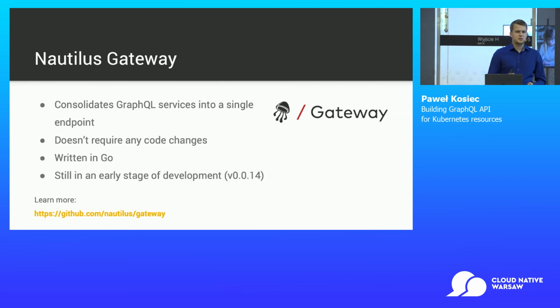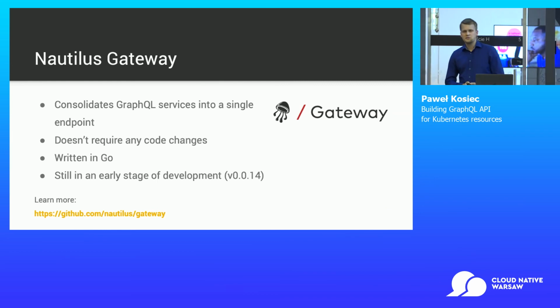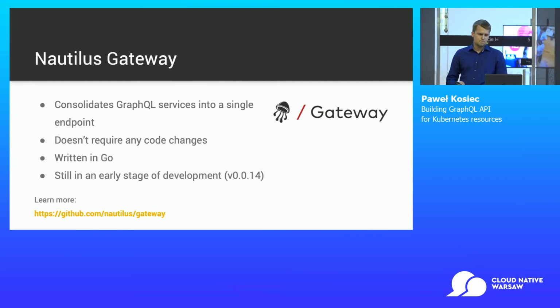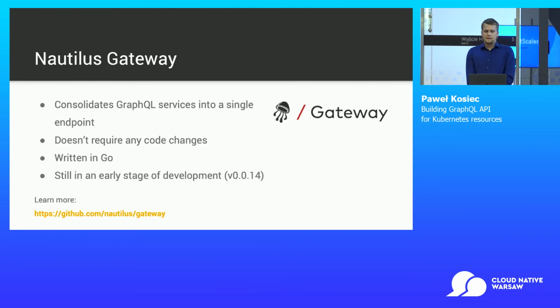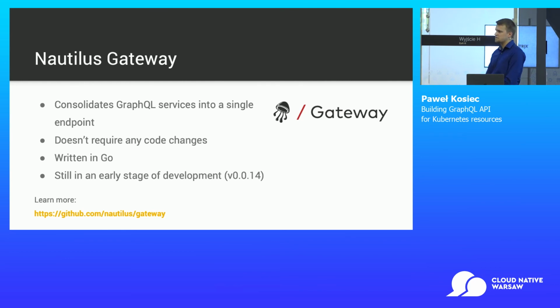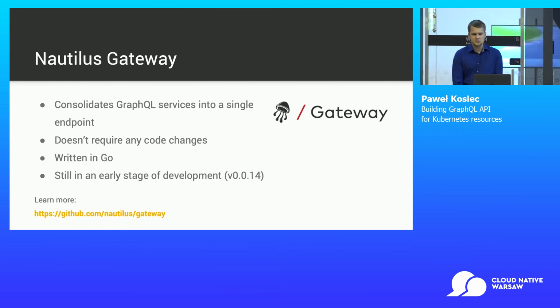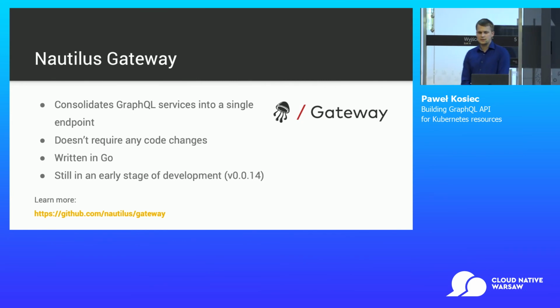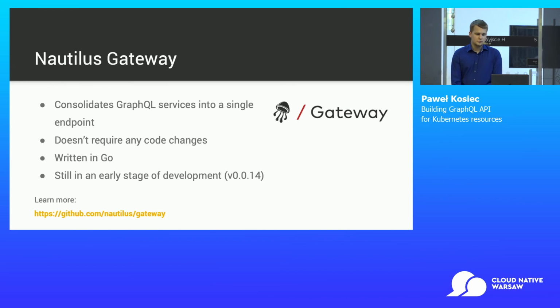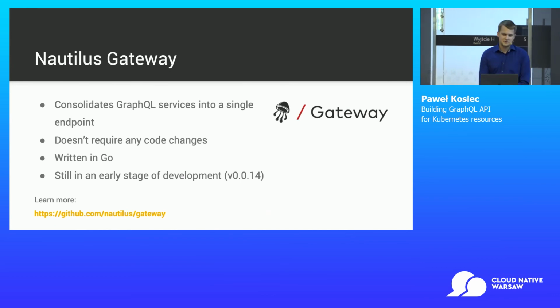You just need to specify where the microservices are, and the whole gateway will be up and ready for requests. It's written in Go, but unfortunately it's at a very early stage. As you can see, this is version 0.0.14, so it's rather the beginning of this project.